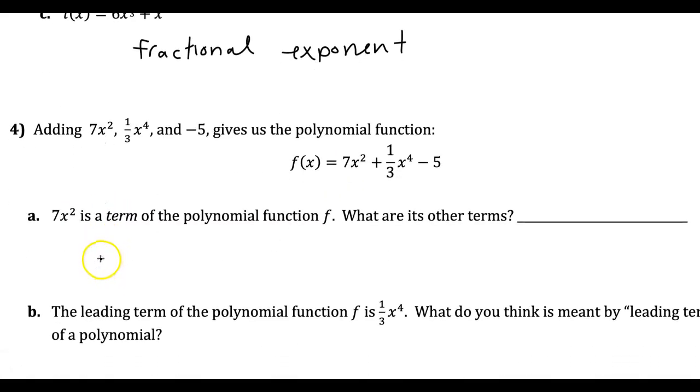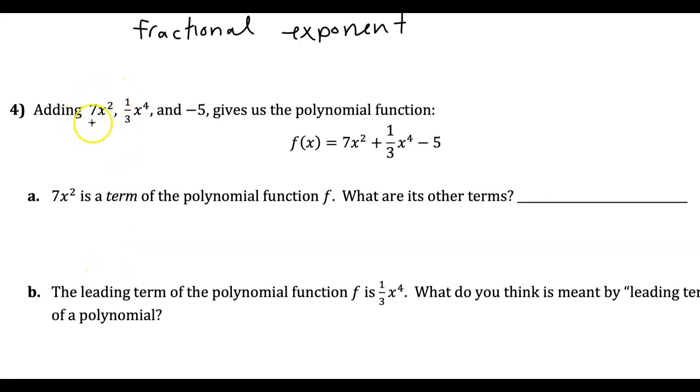If we add these three terms, 7x squared, 1/3 x to the 4th, and -5, we wind up with a polynomial. This is a polynomial. Notice the 5 is a constant, but you could think of it as x to the 0 power, which is just 1. Remember, x to the 0 power is 1. So we call these terms of the polynomial.